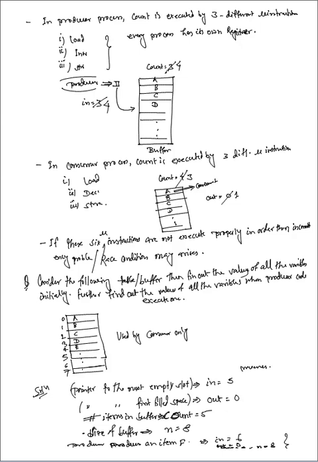So this is example number 4. That is the printer spooler problem. Okay.